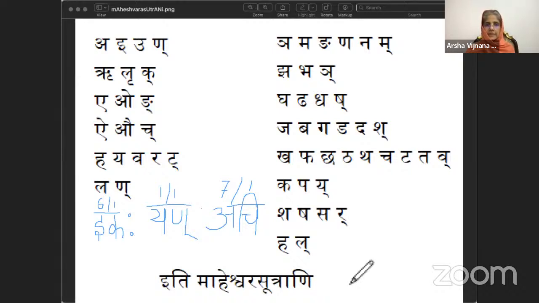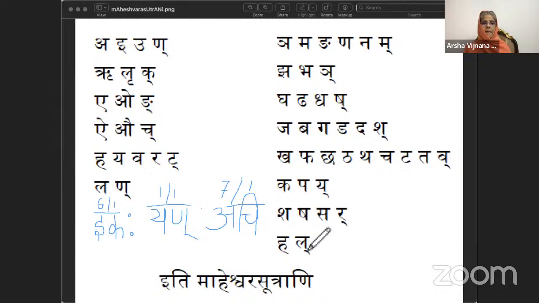Now, we have to understand one more thing before we get into unfolding this particular thing, and then we'll move on to the consonant sandhis. This is just to give an idea of what Panini has in store here, just the beauty of it.